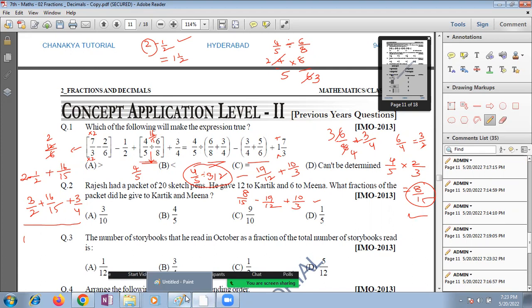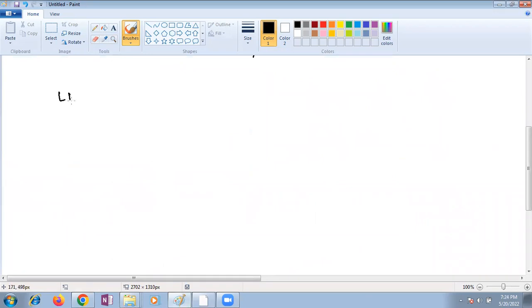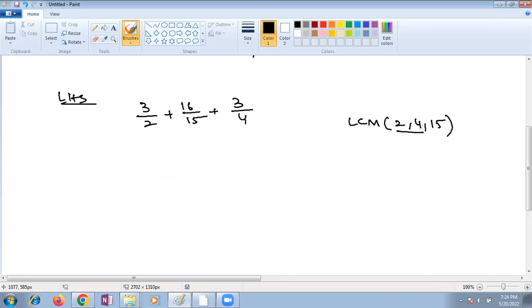If you take LCM for all these numbers, 2, 4, 15, we know that 2 and 4 LCM was 4. So 4 and 15 are co-prime numbers, no common factor except one. The product is the LCM, 60 is the LCM. Even if you do the procedure, you will get 60, children.